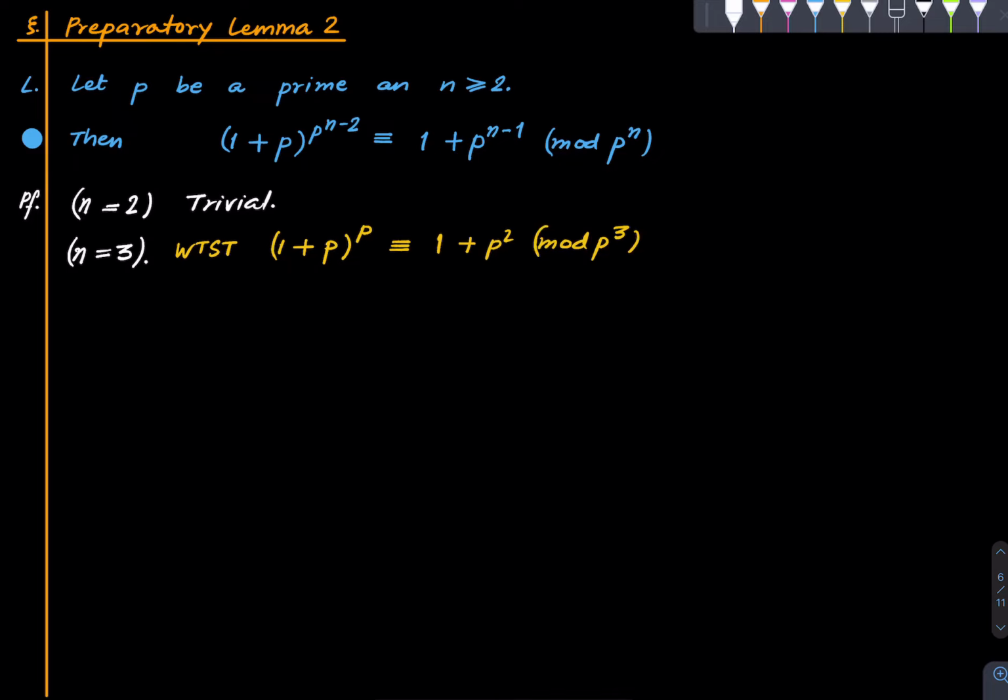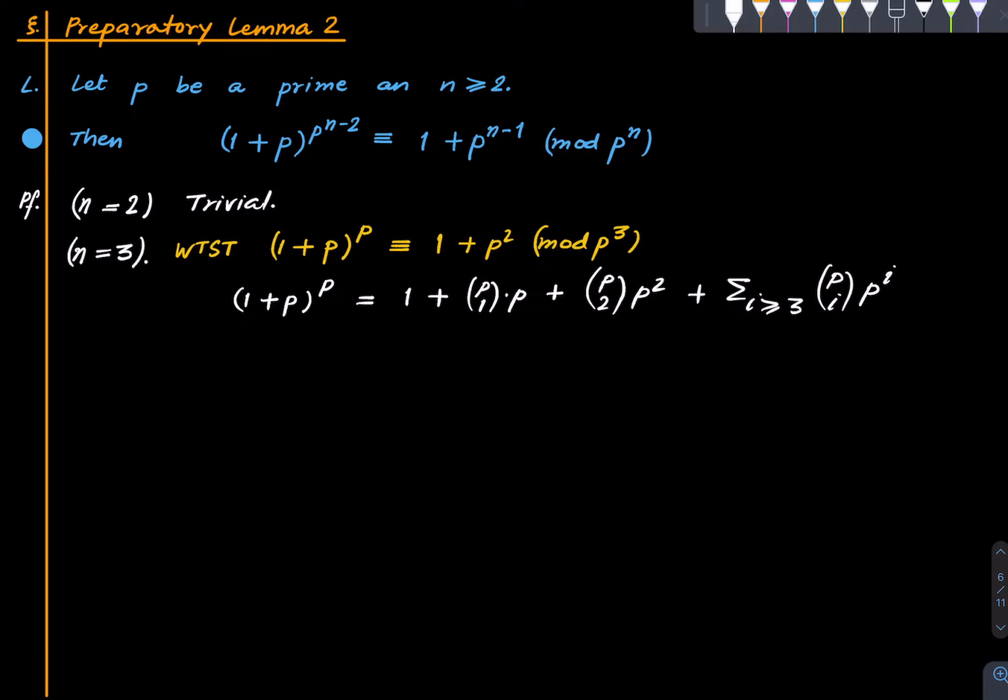That's what it becomes, but this is just using the binomial theorem. By the binomial theorem, 1 plus p to the power p is equal to 1 plus p times, 1 plus p choose 1 times p plus p choose 2 times p square plus, and so on, up to p choose i times p to the i.